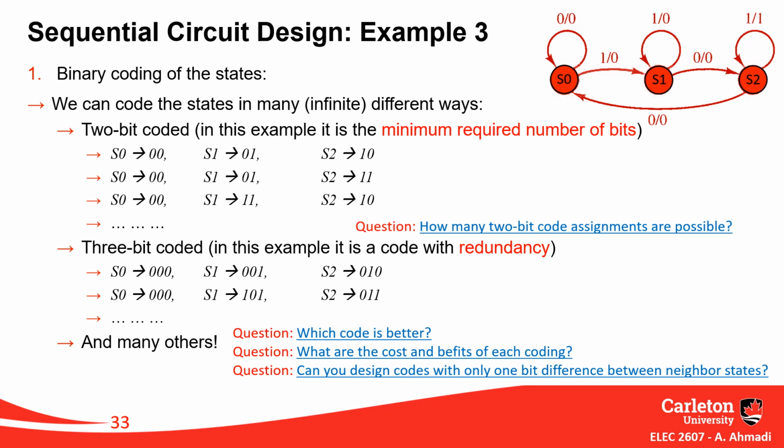To do so, we know that there is a transition between S1 and S0, S1, and S2. So all three are neighbors, right? And also S1 and S2 are neighbors. So if you have that, with minimum Hamming distance between all three, you definitely need more than 2 bits.